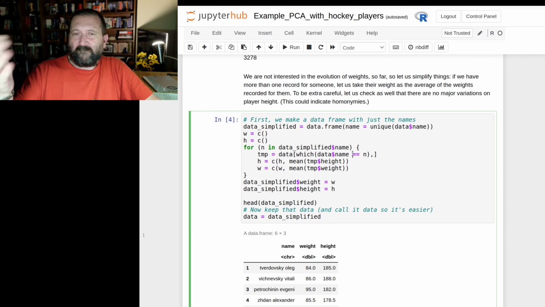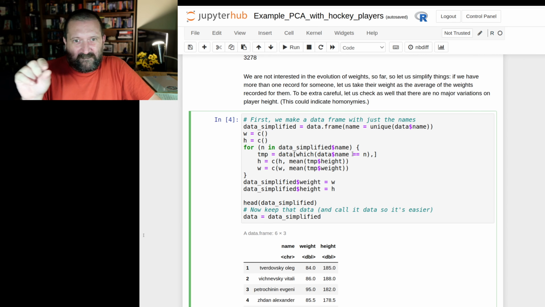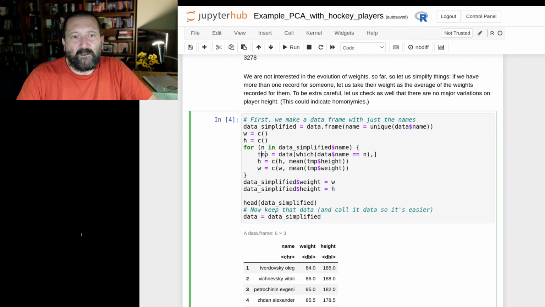So if, for example, I were in that data set, which of course I never would be, at one point I would say select all the records that have Julien Arinault, and this temp matrix would contain all the rows in my original data that have this name.